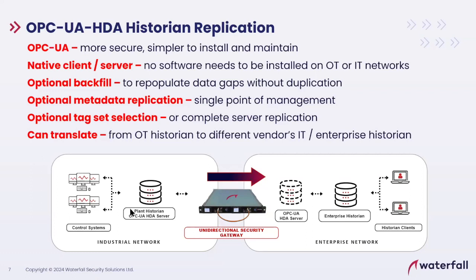And on the outside network, the enterprise network, the UA connector is a standard UA HDA server. It's emulating, in a sense, the plant historian. It's emulating the OPC UA interface for the plant historian.